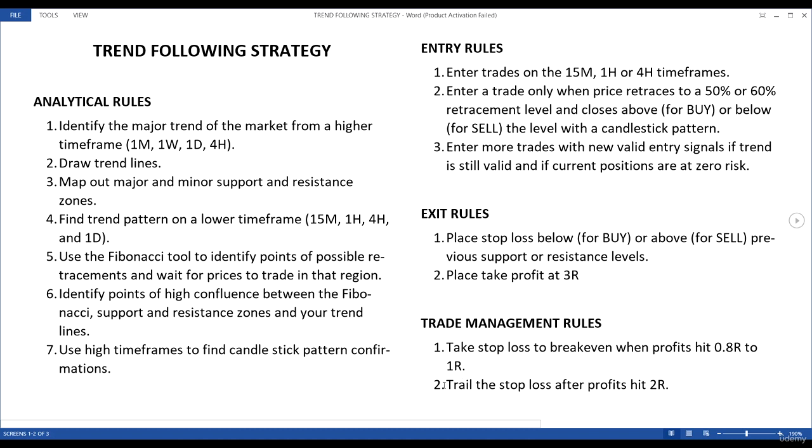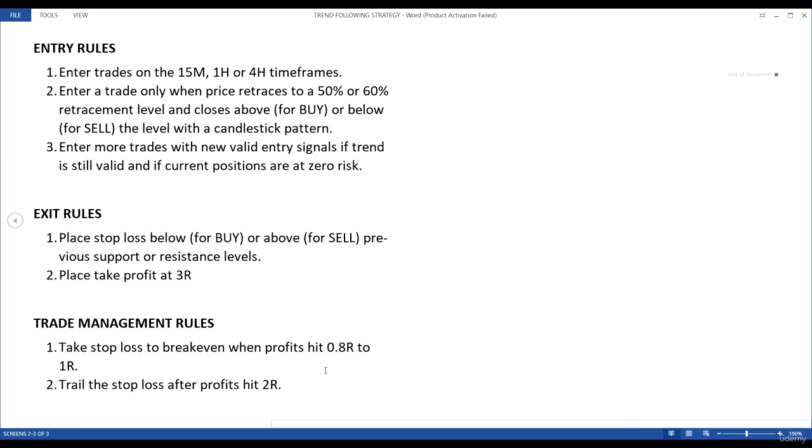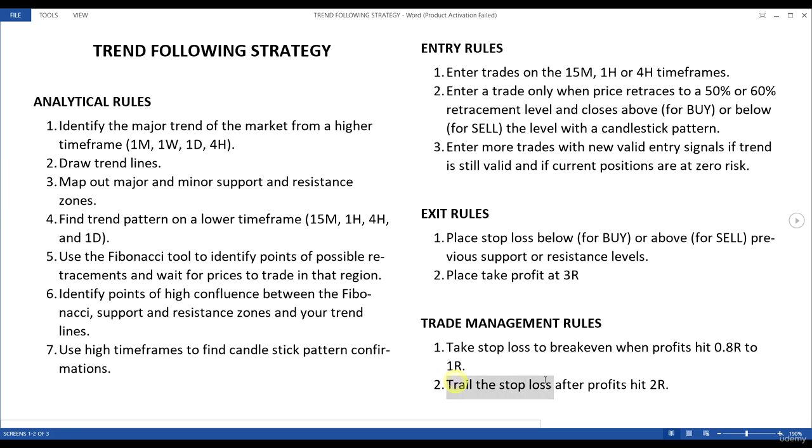And then the last rule, which is a trade management rule, is that you have to trail the stop loss after profits hit 2R. So after profits hit 2R, you can extend your take profit to the upper side or the lower side depending on your position, and then just trail your trade with the trailing stop feature, right?